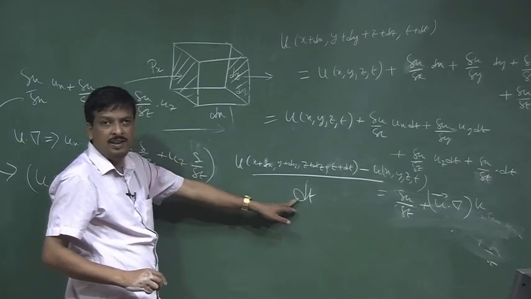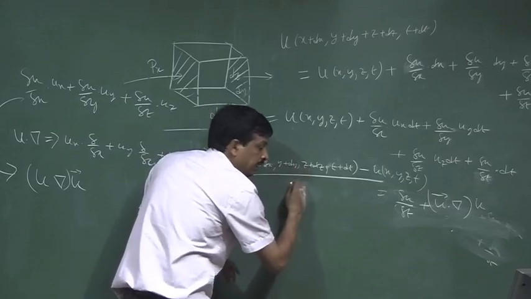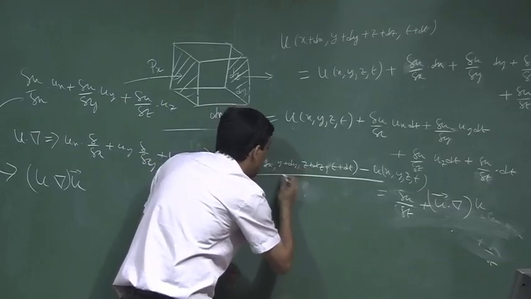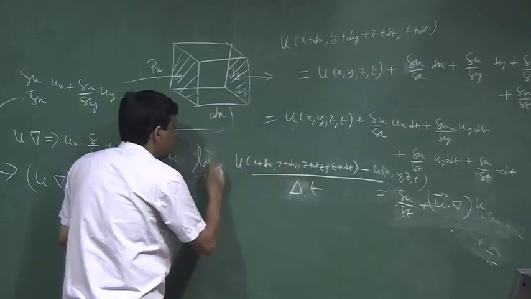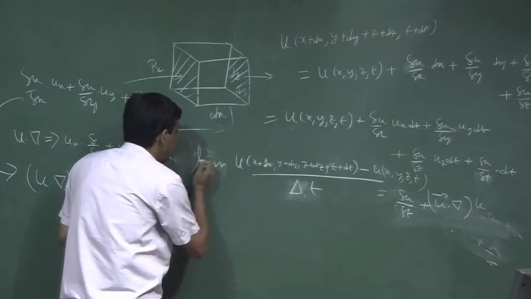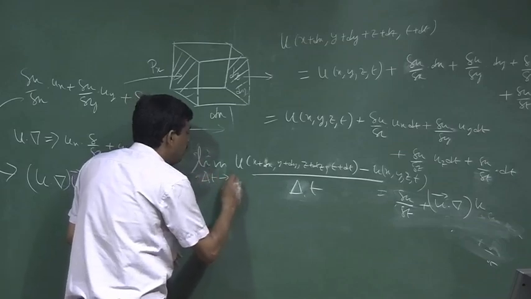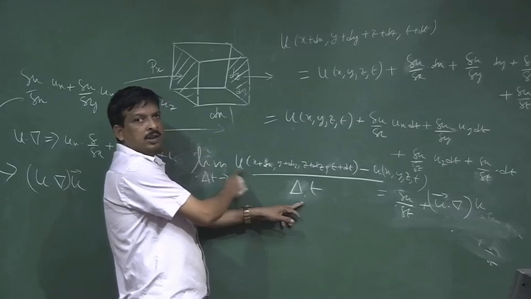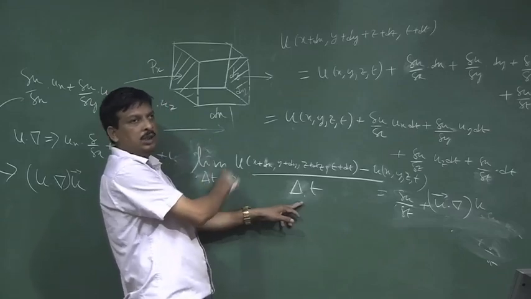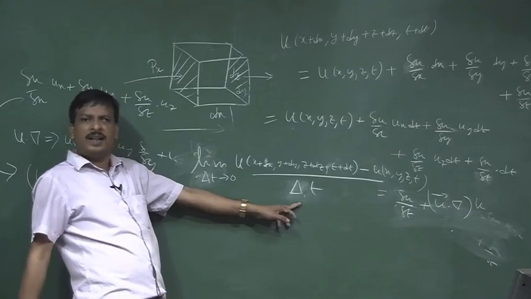It is a ∂t. Now, if instead of ∂t I write Δt, then there will be a limit as Δt tends to 0, then it is dt. So, in the limit t tends to 0, the difference of velocity divided by the time is nothing but the acceleration.